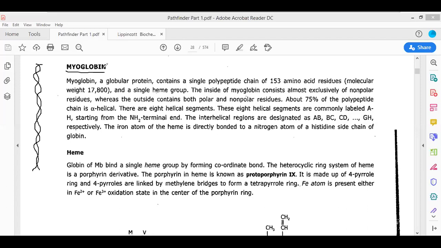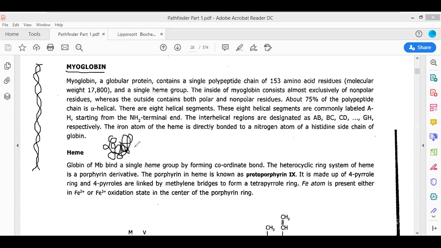Now, how do these globular proteins act? What is the functioning of these globular proteins, and in which manner are they going to function? That we have to see. If you look at the structure of globular proteins, they have a unique three-dimensional structure.